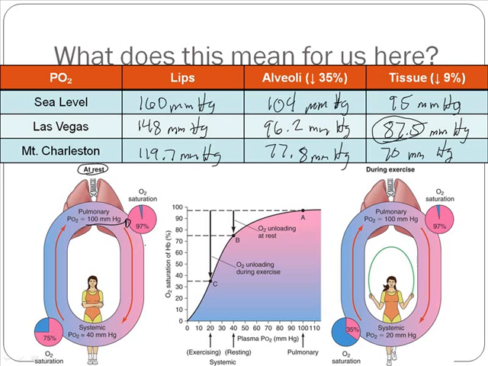When that red blood cell then travels down here to the tissue level, even though the PO2 in the systemic level is 40 millimeters of mercury in the interstitial tissue, you don't lose all of your oxygen off of that red blood cell. You only lose about a quarter of it. So you still have 75% of your red blood cell saturated with oxygen.